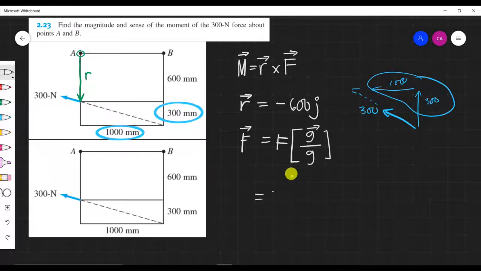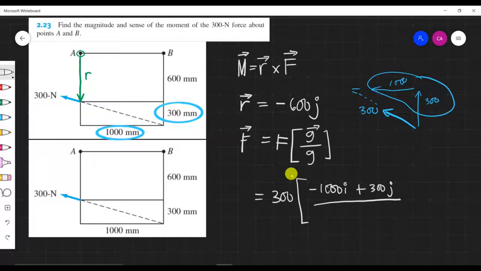So F is equals to 300 times the direction vector, which is una, pataas, positive J. Di, kaliwa muna. Negative 1,000 I plus 300 J.